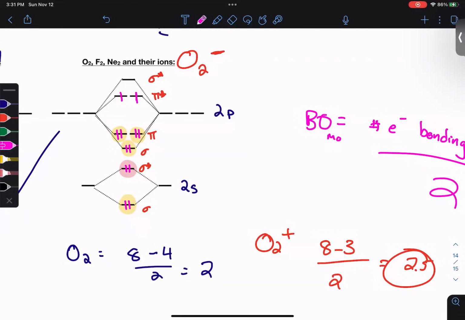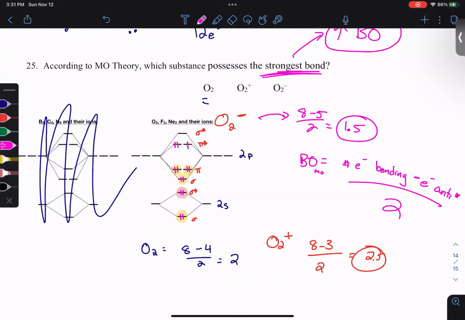To a pi star, an antibonding orbital. So now when you calculate bond order, it's 8 minus 5 over 2, so the bond order is 1.5. The idea here is to start with the neutral molecule. If you're working with a cation or anion, just remove or add electrons at the topmost positions and calculate the new bond order.